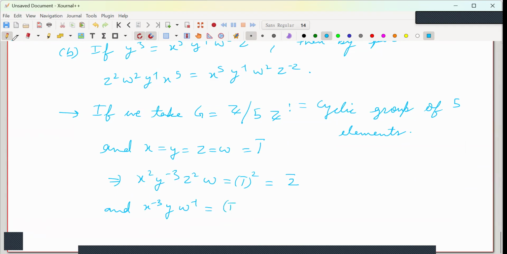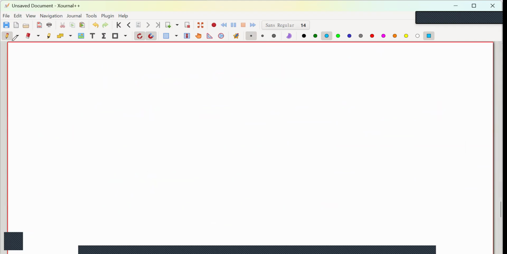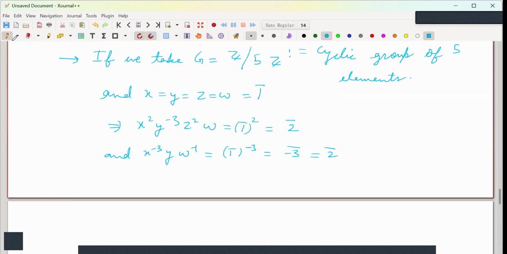So it will be just minus 3, which is minus 3 bar and which is 2 bar, right? So the given condition holds. This implies x square y minus cube z square w is same as.